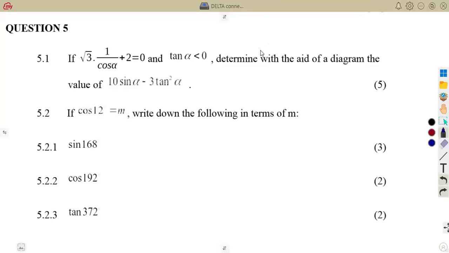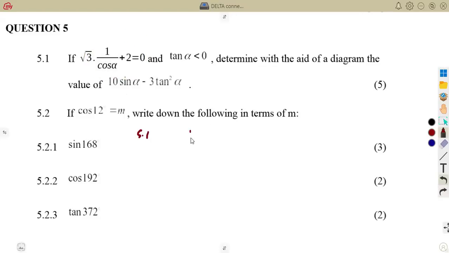So if you're to consider question number 5, let us see how you're given the information there. Because you're given a statement that you need to consider. If this whole statement is equal to 0, so let's figure out about this statement.